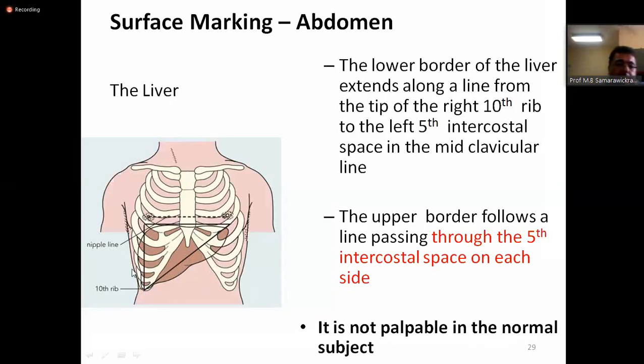And sometimes if the liver is palpable, you have to look for the upper border as well. If the upper border is not at the fifth intercostal space, and if it has come down to a sixth or even seventh intercostal space, that suggests a pushing of the liver downward rather than enlargement of the liver, right? So you have to know how to surface mark the liver.